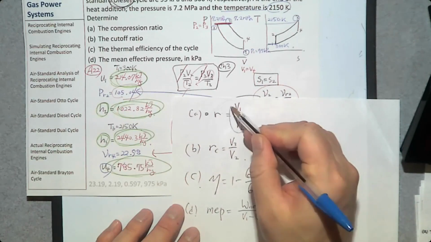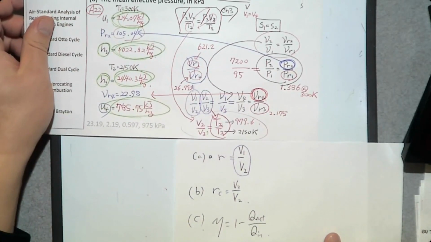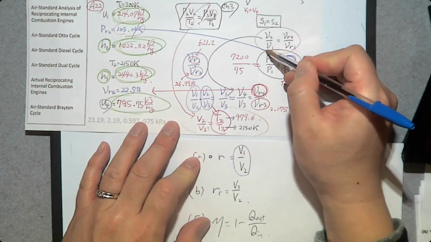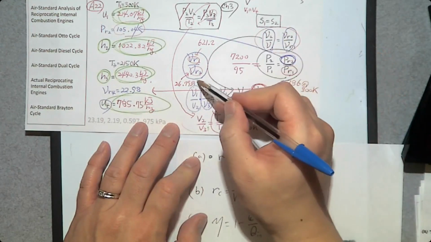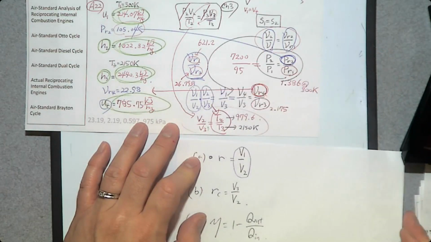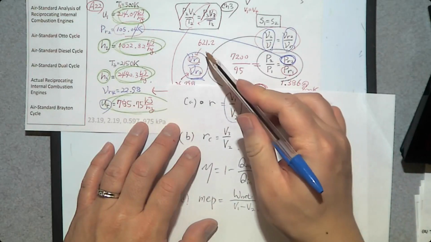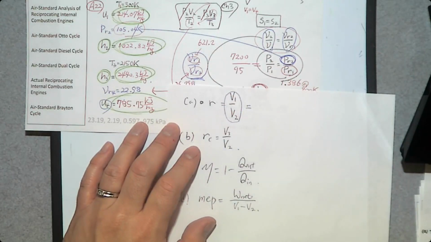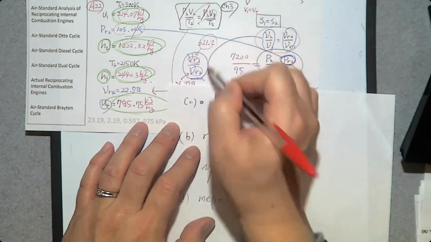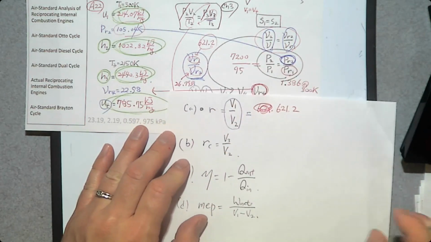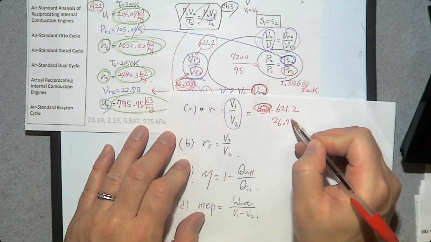First of all, I think we already found this compression ratio. V1 over V2 is vr1 over vr2, and we already know this: 621.2 divided by vr2, 26.793.